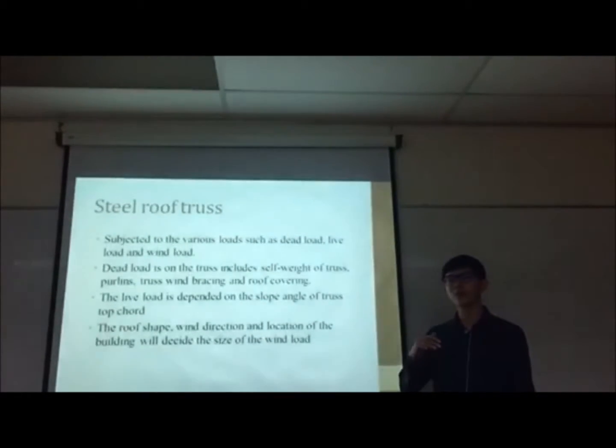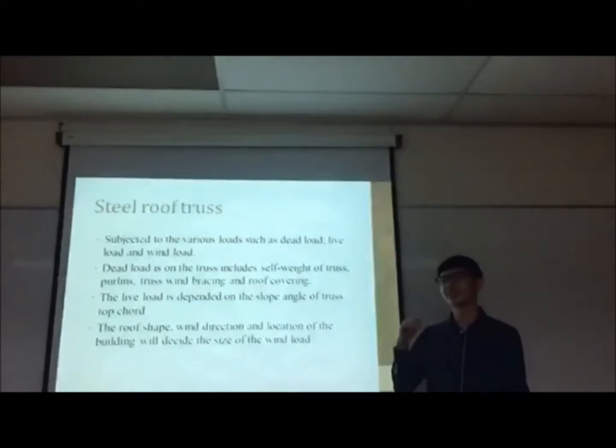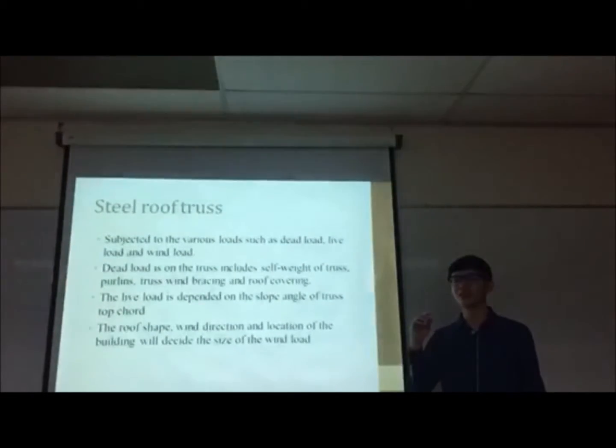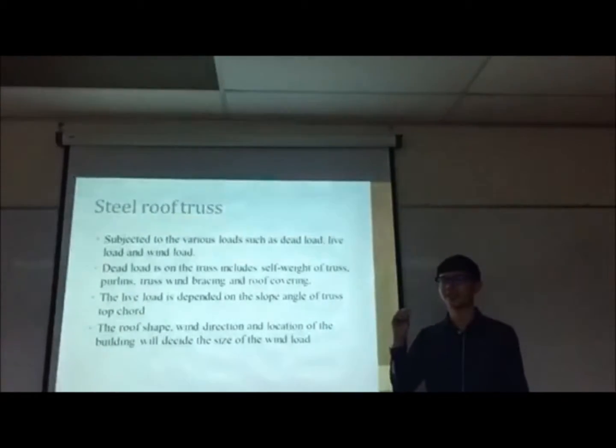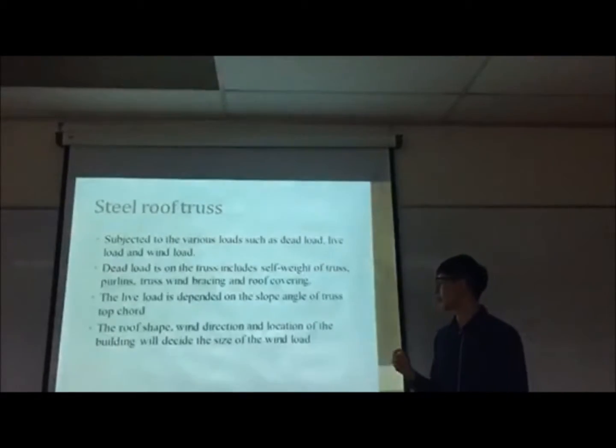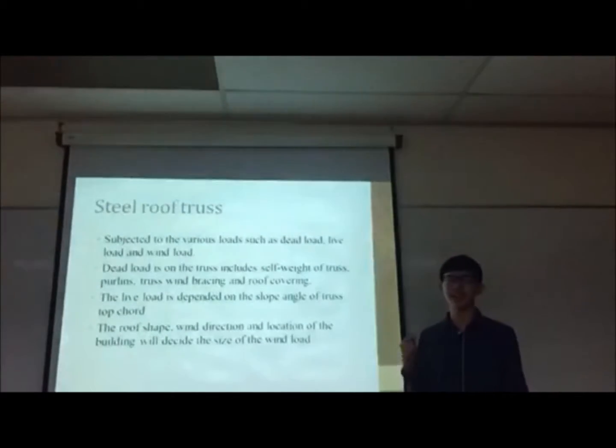The wind blows on the roof covering, then the roof covering transfers it to the truss, so the roof shape, wind direction, and location of the building will decide the size of the wind load.